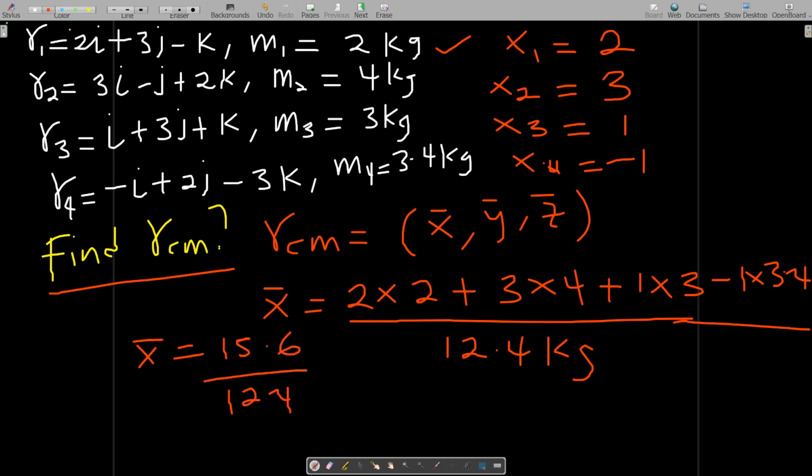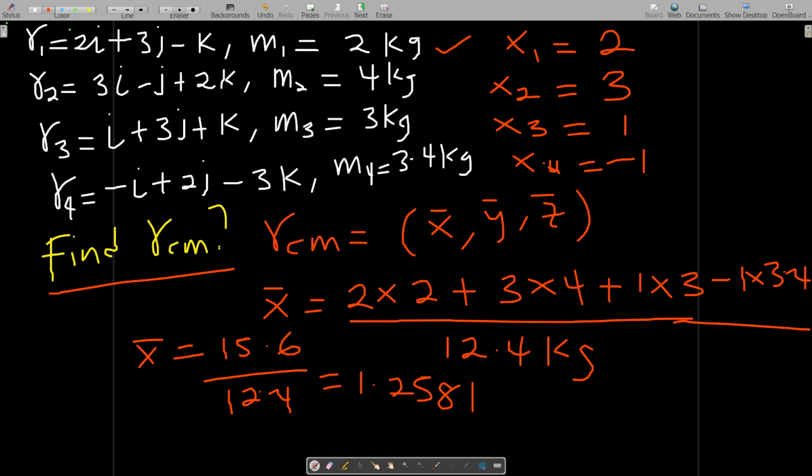12.4, and this will give us 15.6 divided by 12.4, which is 1.2581, to 4 decimal places. So this is what we have for our x bar.